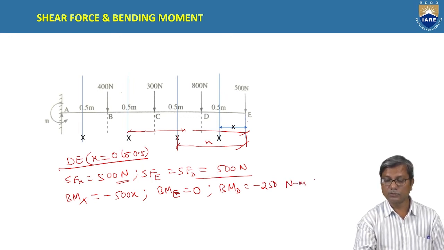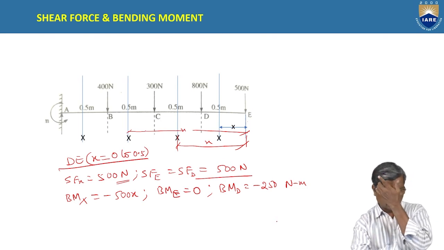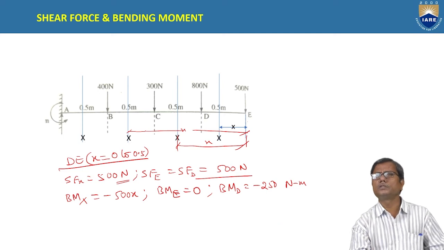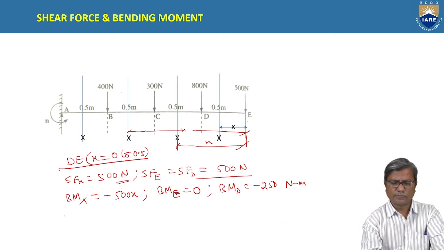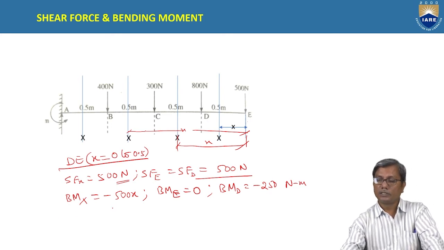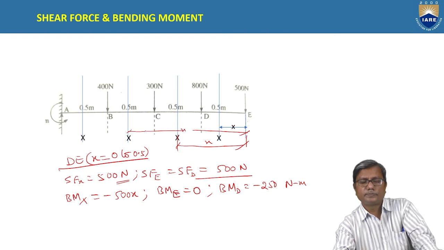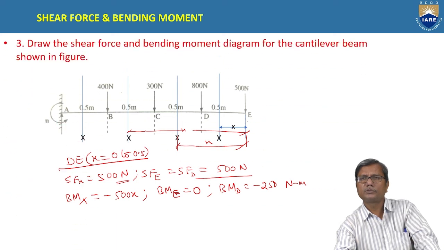Units are Newton meters, because the load is in newtons and the distance is in meters. This is for the section between D and E. In the same way, we consider the other sections and find the shear force.